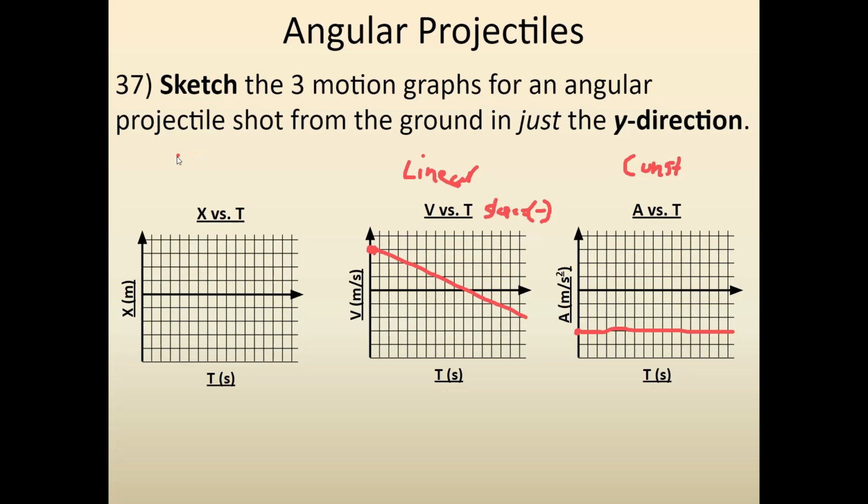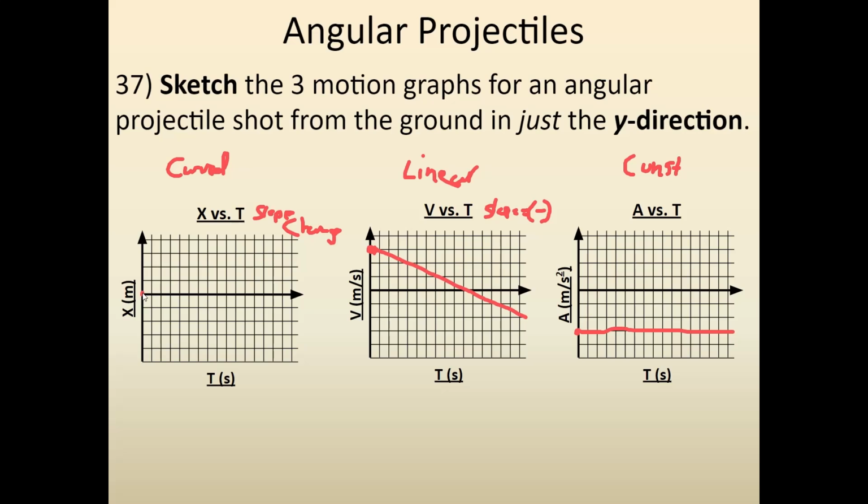Now here, because this graph is linear and changing, this means that this has a changing slope. So the slope changes, which means that this is going to be a curved graph. Now it says that the projectile is initially shot from the ground.